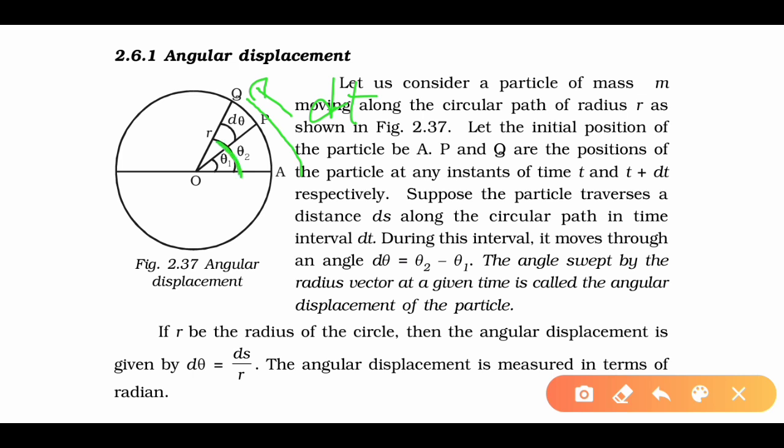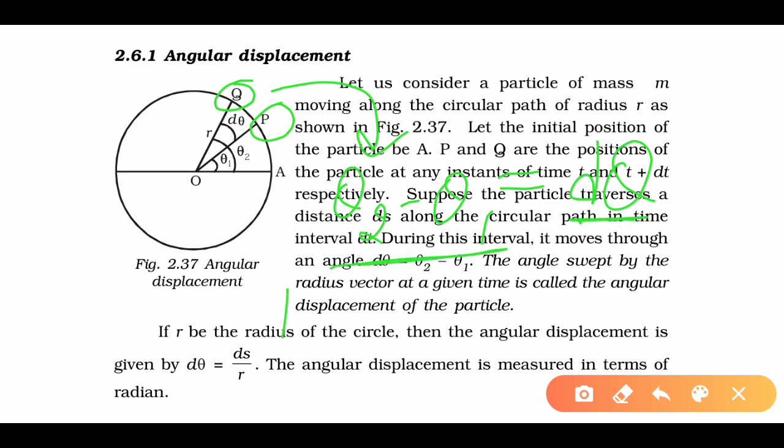That means this angle will be equal to theta 2. Clear? Now we can say the angle when the body moves from P to Q will be theta 2 minus theta 1, or it is denoted by d theta. Clear? This one is the angle swept by the radius vector between point P to point Q.